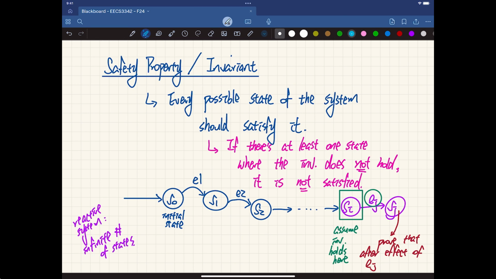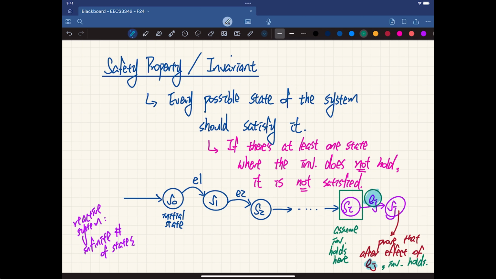We're talking about the transition Ej. That's the critical step. This is why in Rodin, given each individual event, you have to show that each event can maintain the invariance. That's something we'll see when we get to the bridge controller.